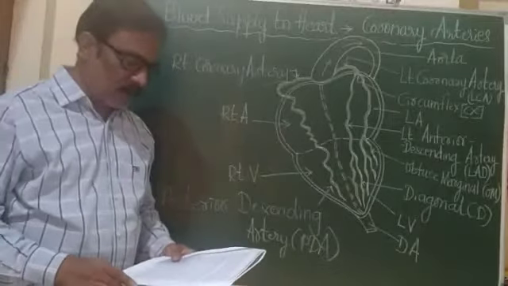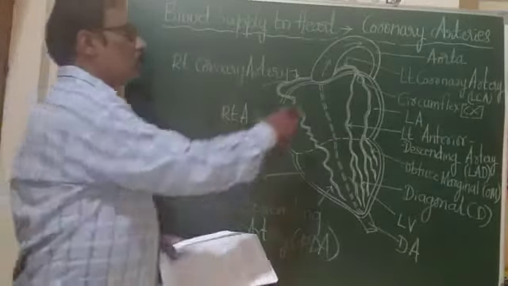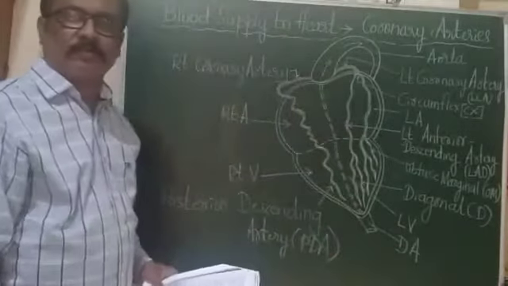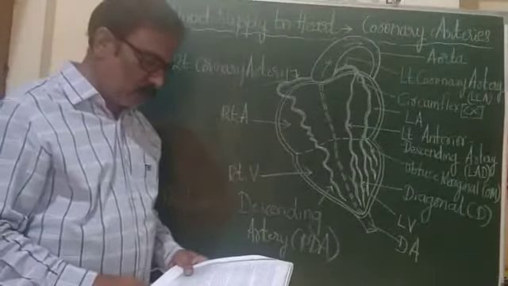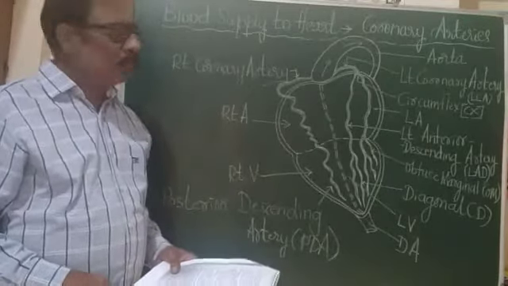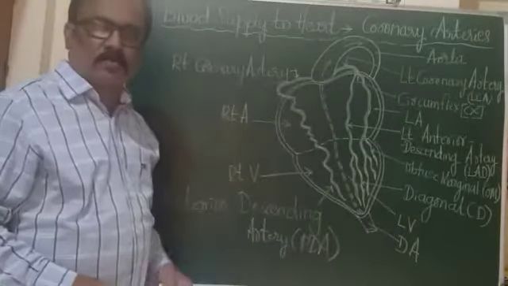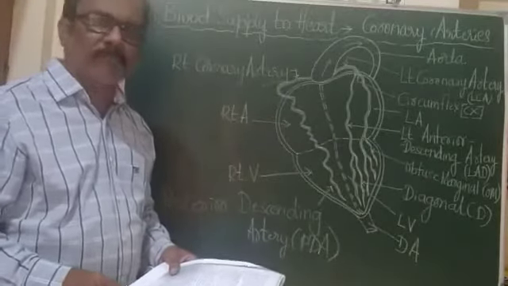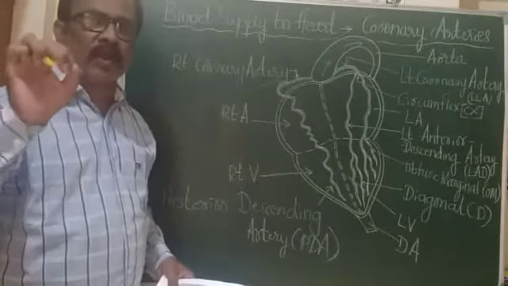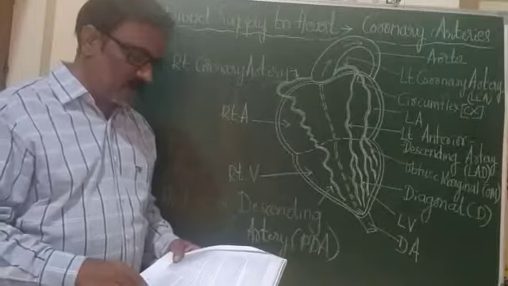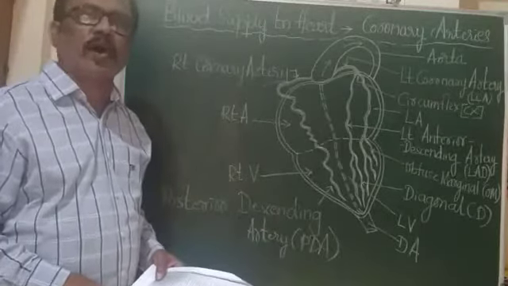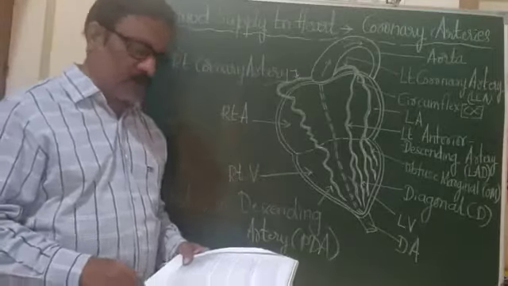The coronary arteries supply the blood to the wall of the heart, and also supply nutrients to the heart. These are called coronaries because they form a sort of crown-like structure over the heart. So these two arteries are called coronary arteries.